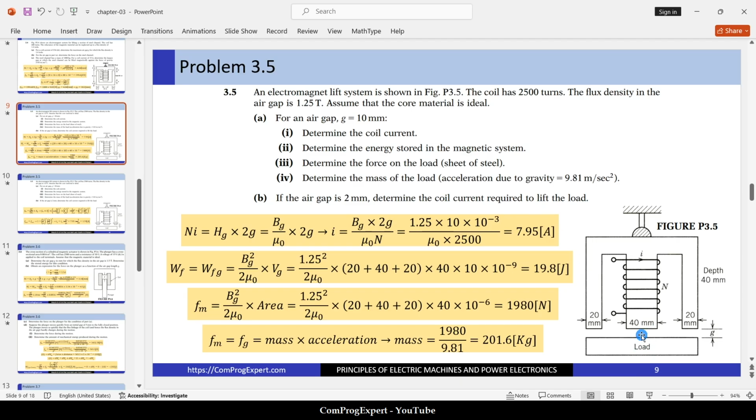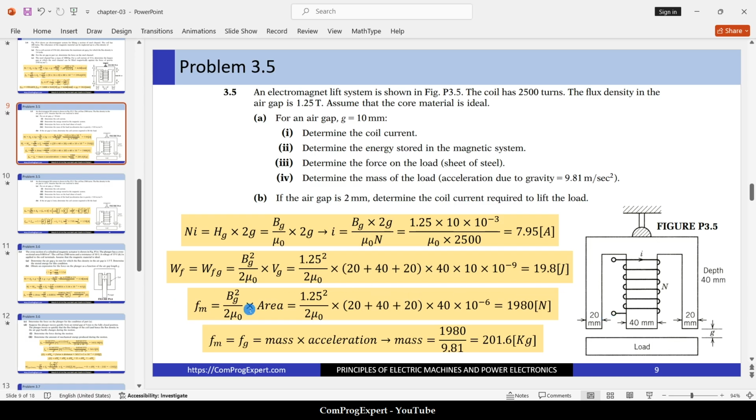We should have a lower current, right? Because in that case the air gap is high, and to generate flux density in the air gap, we have to impress more current to the coil. In the case that we have a lower air gap, using a lower value of the current, we can build up the required flux density in the air gap.